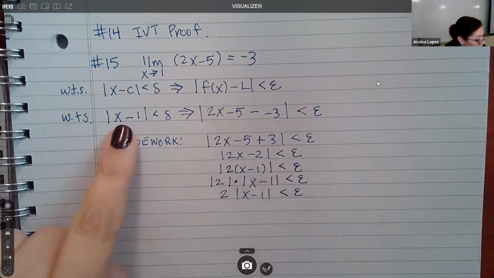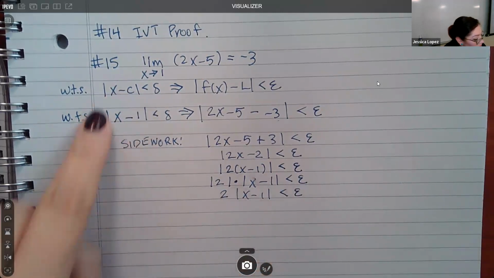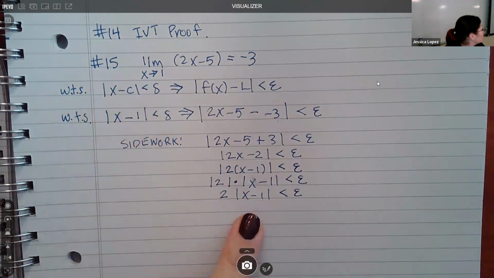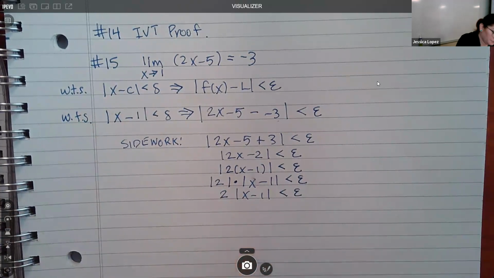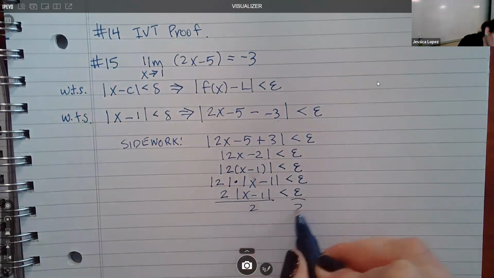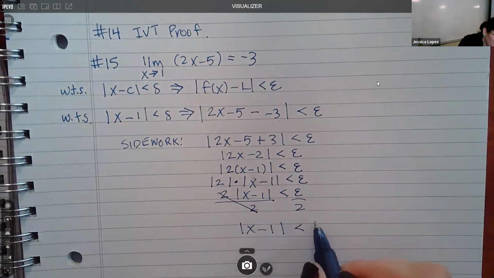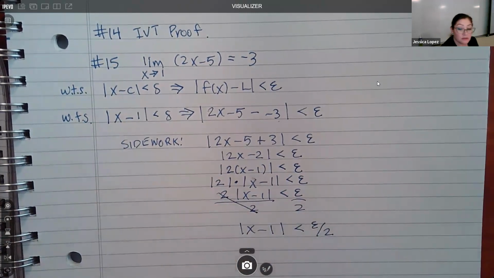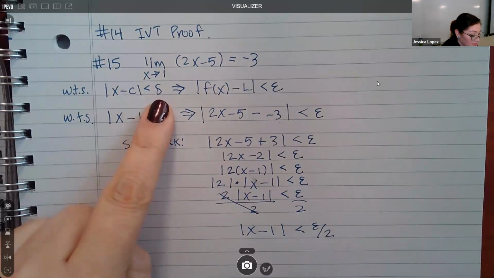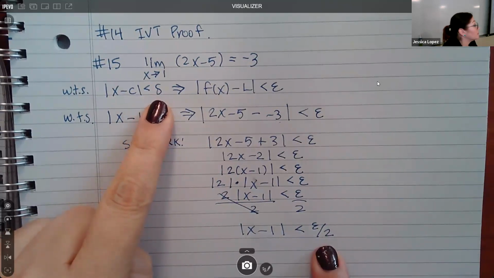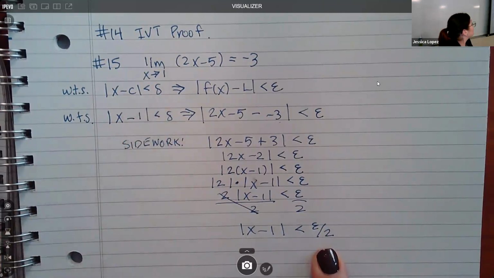And then in order for me to get these bars all by themselves, what do I need to do? Divide by 2. And then that's gone, and I have those bars all by themselves, and now I have an expression in terms of epsilon on the right-hand side, right? But what's supposed to be on that side is delta, isn't it?